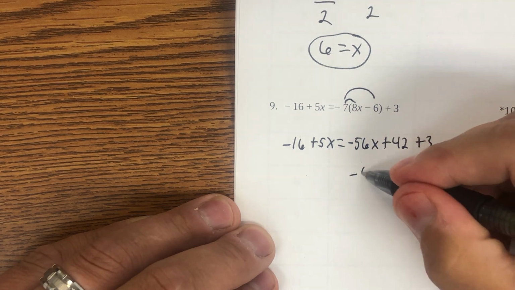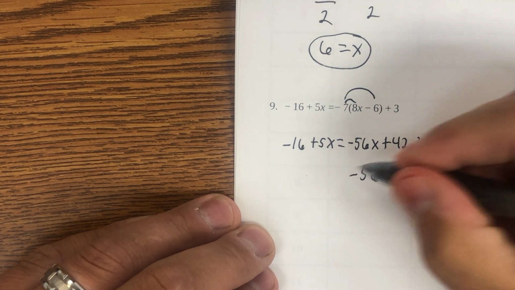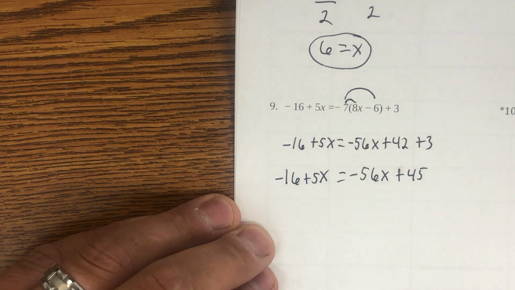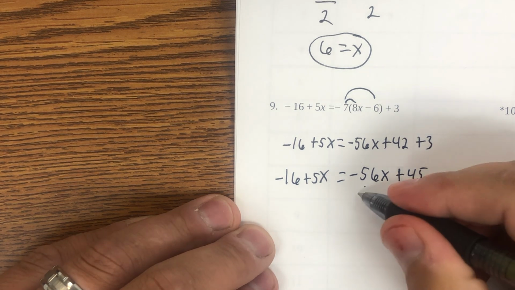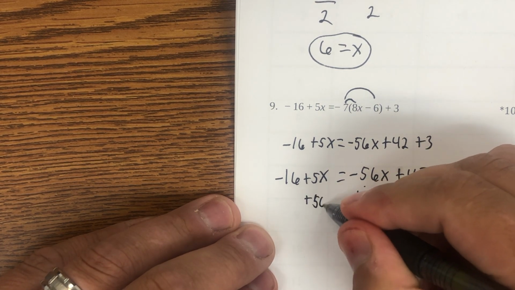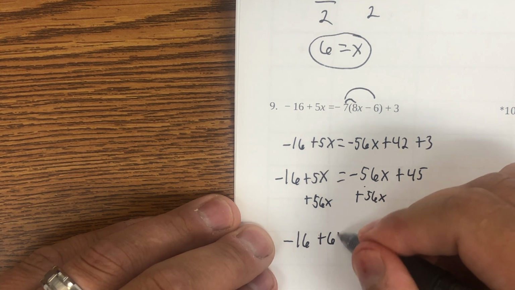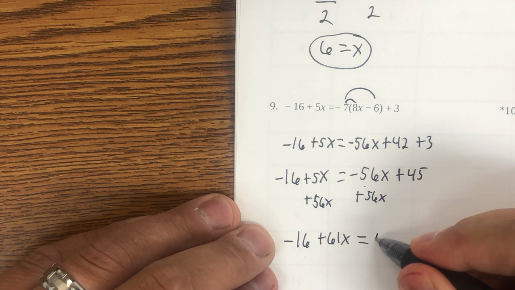Combine like terms. Negative 56x plus 45 is equal to negative 16 plus 5x. All right. Round up our like terms. Negative 56x is smaller than 5x, so I'm going to add the 56x to both sides. And I have negative 16 plus 61x is equal to 45.